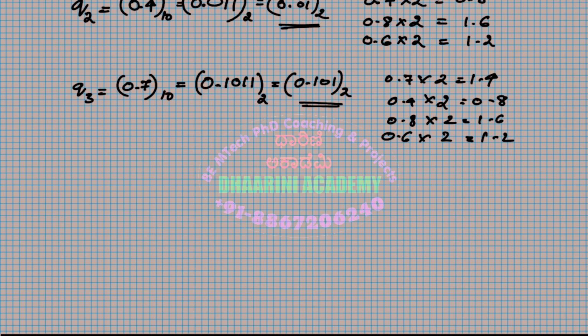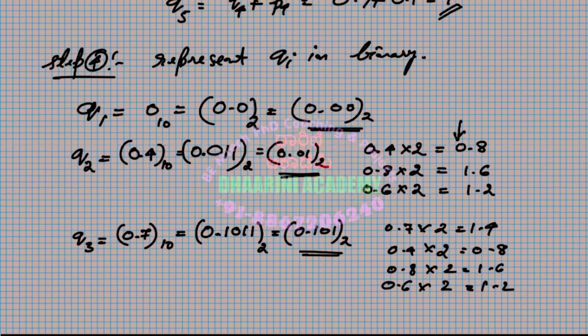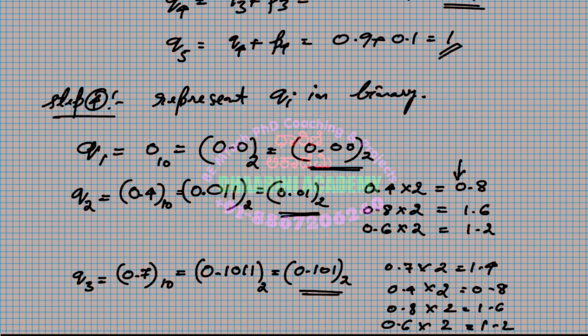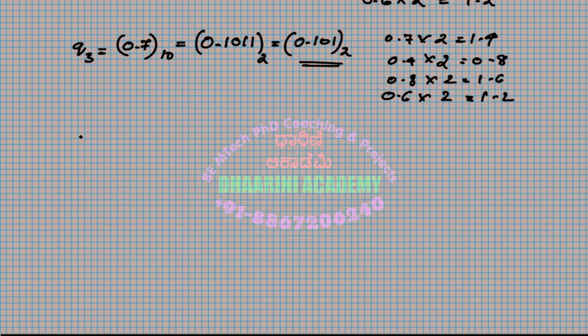That is Q3, correct? Let me go to the next value, Q4, which is 0.9 to the base 10. We'll convert. I'll start with the 0 point. 0.9 into 2 is 1.8, so we have 1 coming into the picture. Then 0.8 into 2 is 1.6, it's a 1.